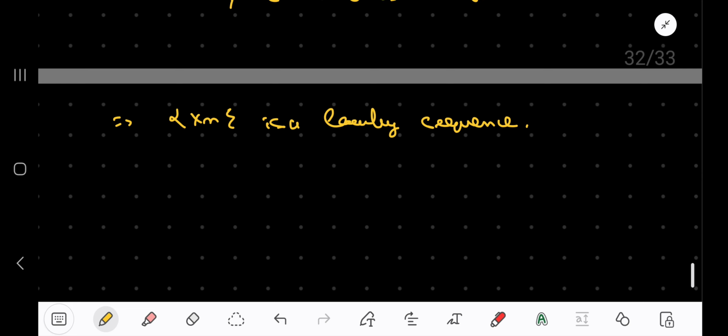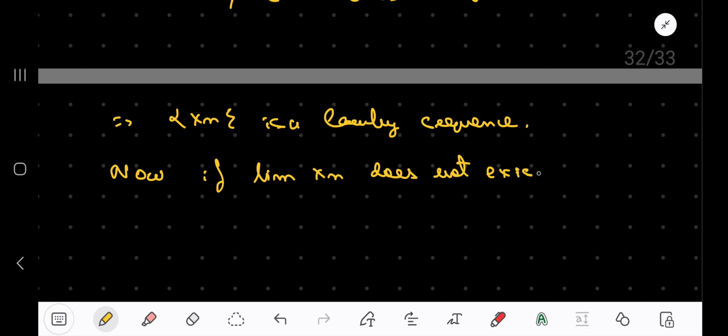Given that x_n is a Cauchy sequence, let me put it in this way. If the limit of x_n does not exist, then f has no fixed point. We will see why.